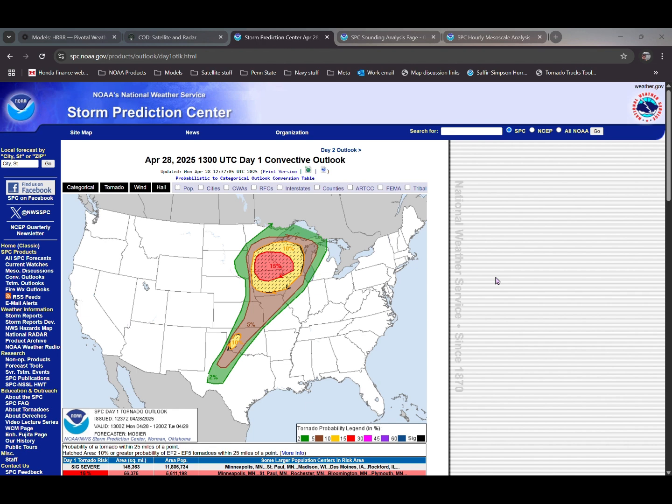Overall, keep a close eye on today. If you live in that area, there is still this 10% hatched area in western Oklahoma as well for tornadoes, which I'm going to be breaking down in a separate forecast after this. So stay tuned for that if you want to have a forecast for that region as well.